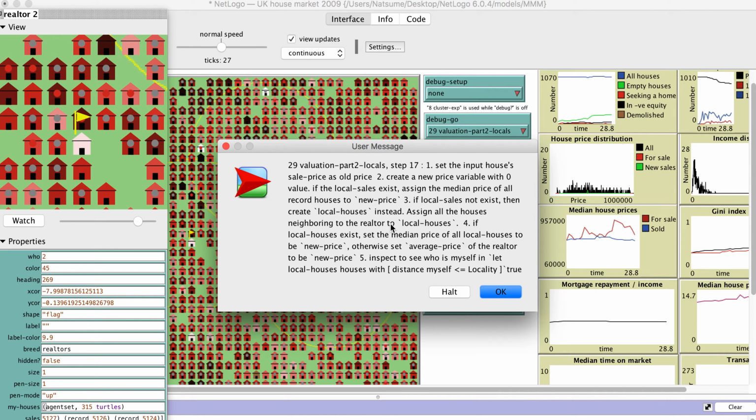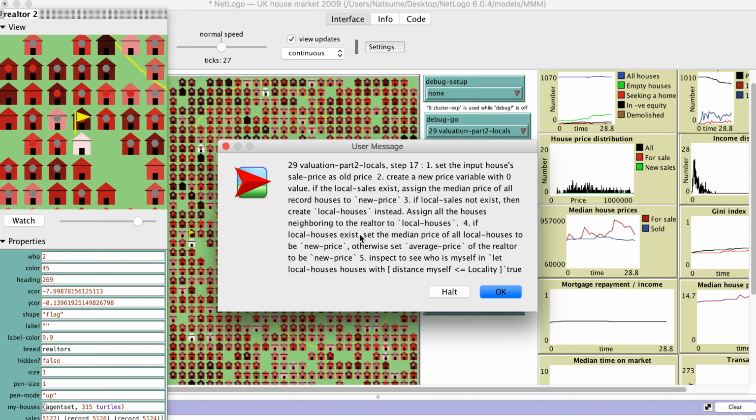Unfortunately, we don't have those records. Therefore, realtors can only check some local houses to itself, because it does not know very much of the local houses to the house to be evaluated, but it does know its own neighboring houses. Okay, so it will consider its own neighboring houses to be local houses.